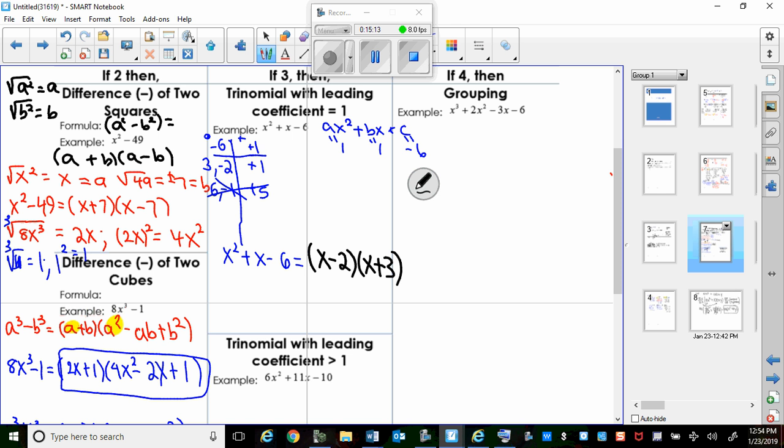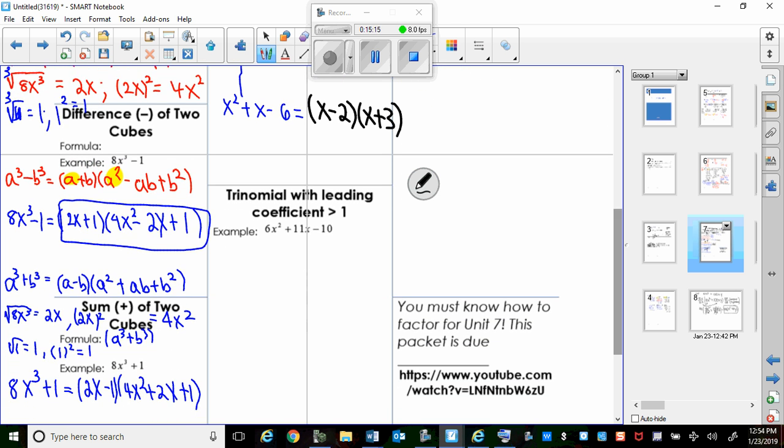Now, when you have a trinomial where the leading coefficient is greater than 1, first you're going to have to slide and divide to get a 1 in front of that x squared term, then factor it using a factor table, and then divide out the number you factored out.